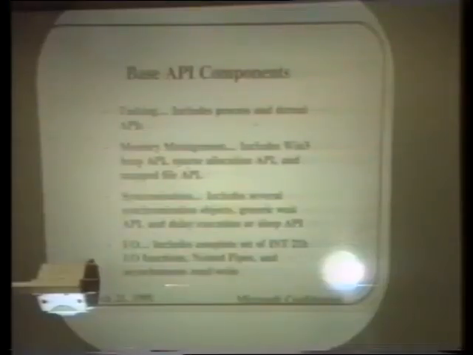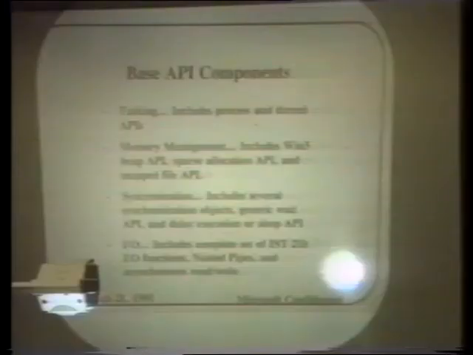The base is implemented mostly as a stateless DLL or shared library directly on top of NT. There's very, very little of the base implemented in the server. I'll picture that in just a second. But where there's state that's shared between multiple processes, the Windows server takes care of those APIs.